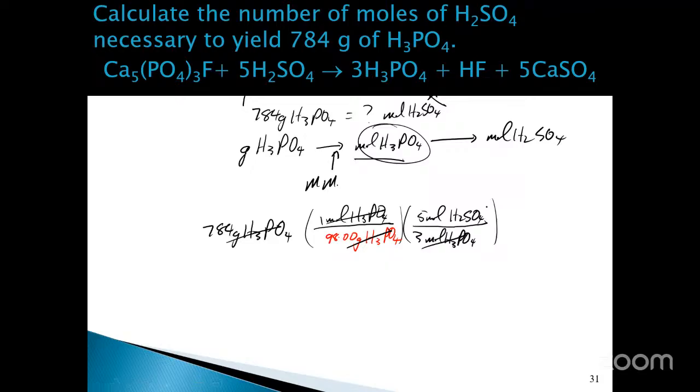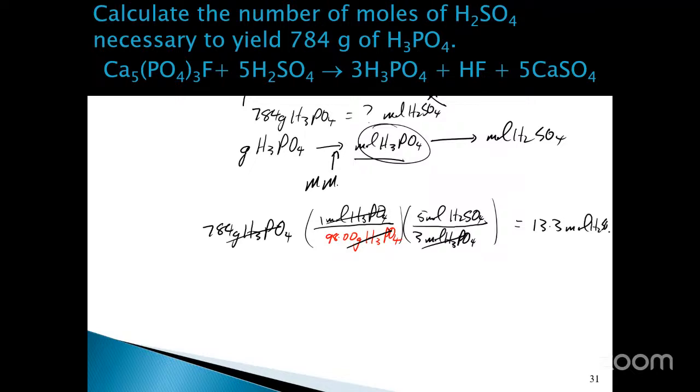So 784 divided by 98.00 times 5 divided by 3, and according to my calculation, in this case we have to round off to 3 sig figs, so please correct me if I'm wrong, of course, but I got 13.3 moles of H2SO4.